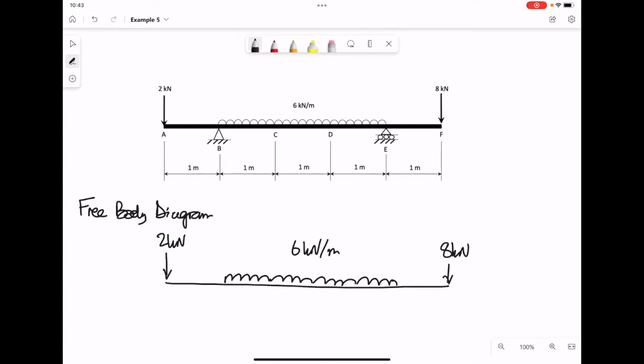Then for the support, fixed support at point B, we replace that with 2 forces, label that VB and HB for the vertical and horizontal, and at point E the roller support gets replaced by one force called VE.